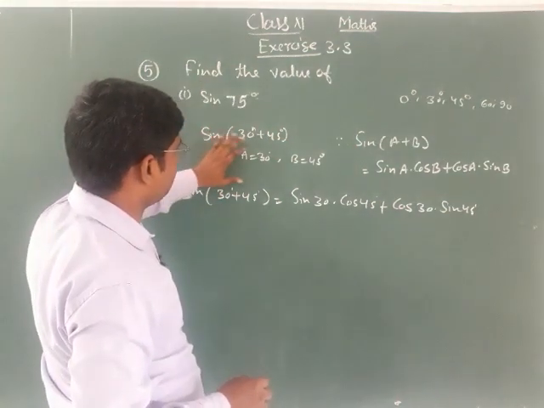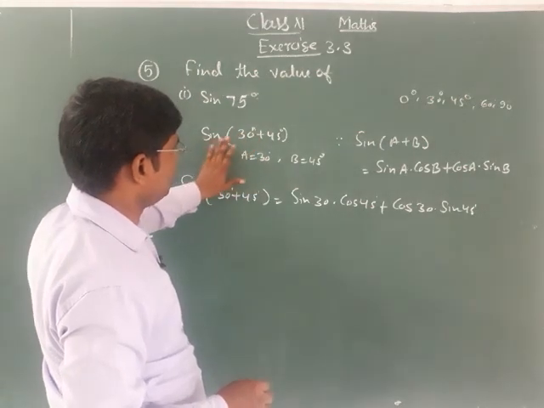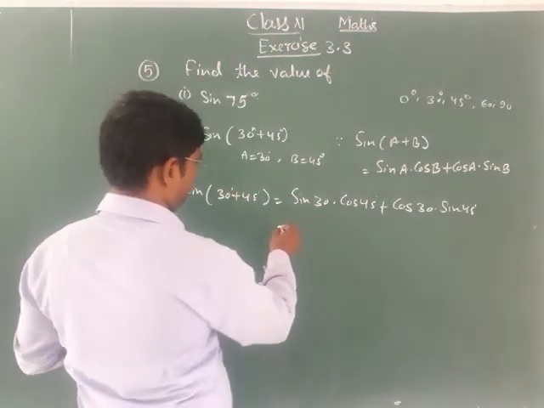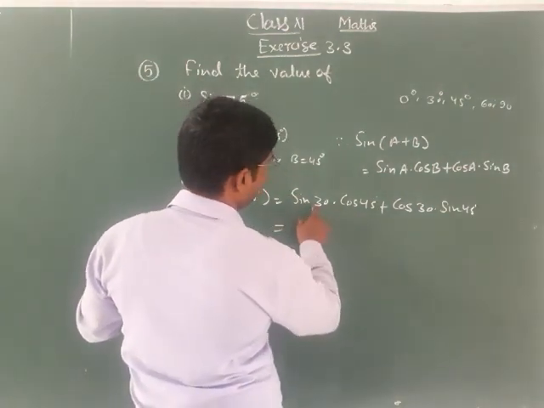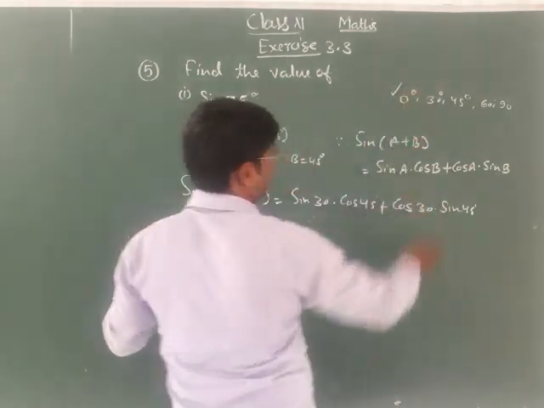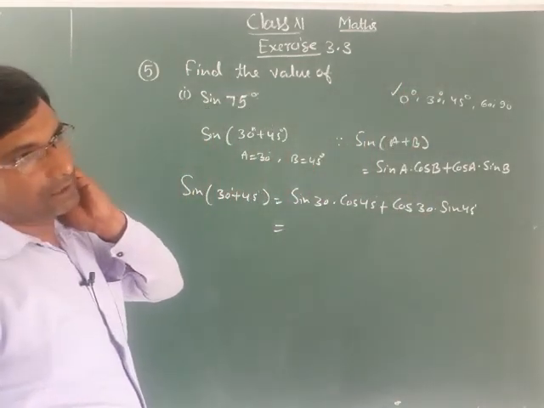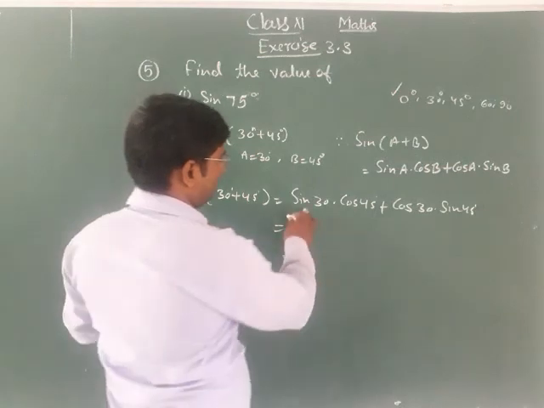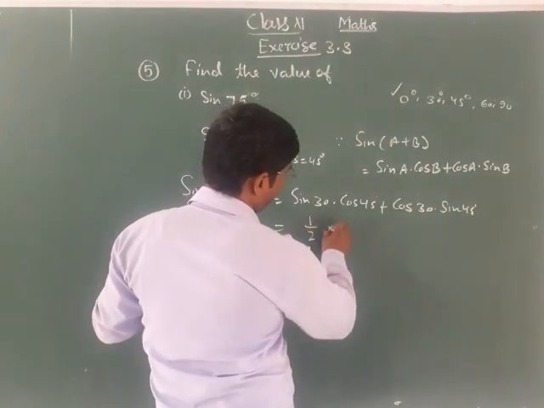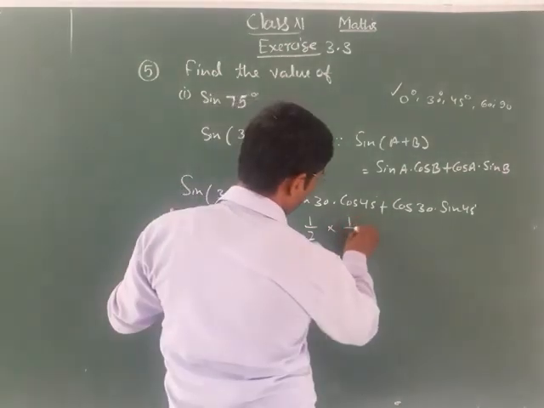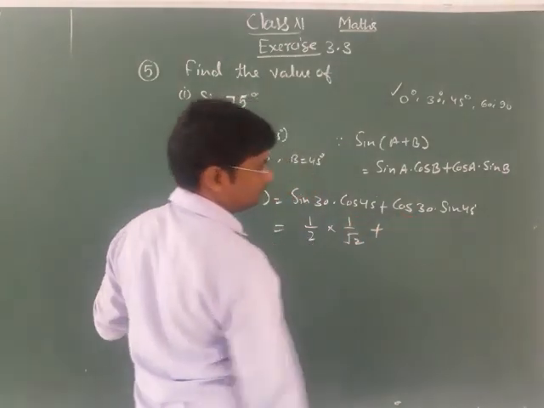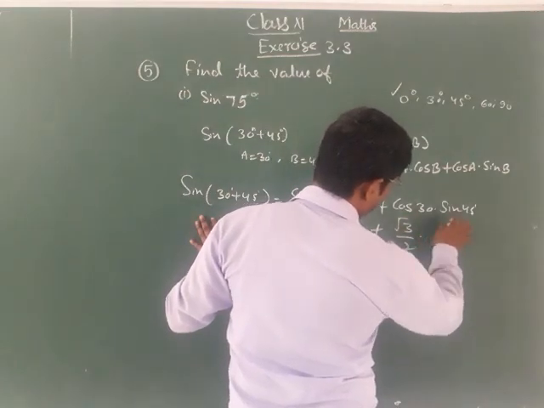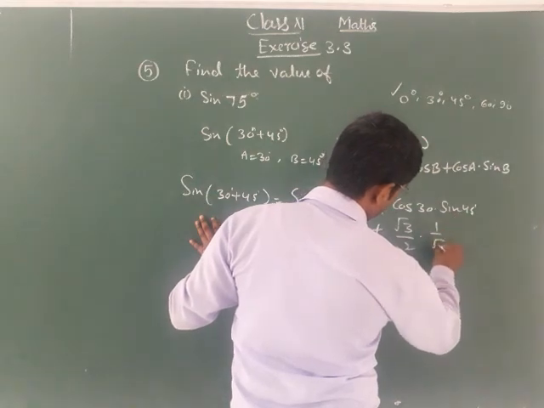Sin(30 plus 45) is sin 30 cos 45 plus cos 30 sin 45. Now the value of sin 30 is 1 by 2, into cos 45 which is 1 upon root 2, plus cos 30 which is root 3 by 2, into sin 45 which is 1 upon root 2.